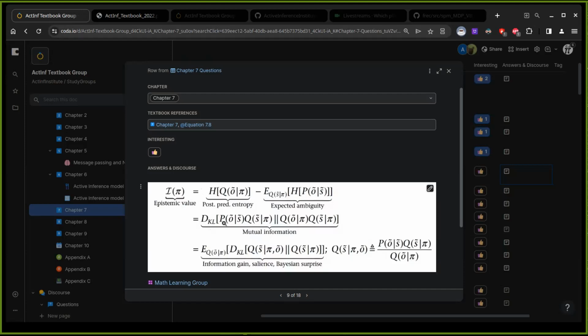And here we have P of observations given hidden states. It's like the A matrix relationship to the variational posterior on observations given policies. So again, everything's conditioned on policy. So it's kind of like a difference or divergence with Q of O.